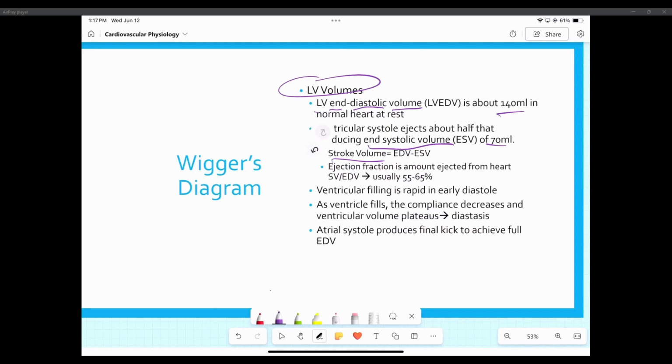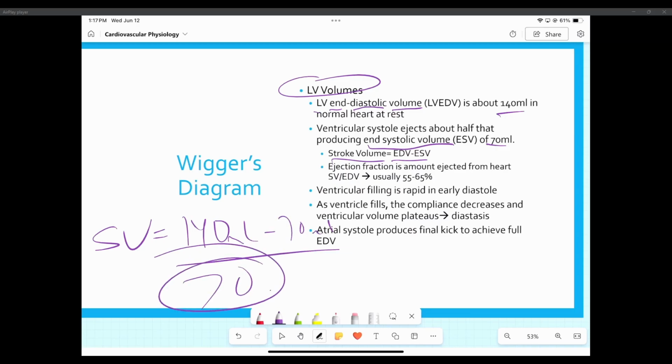A weak heart, will it be able to get all that blood out? No. So you're going to see your stroke volume go down because more blood is going to remain in the heart. It can't get out. So your end diastolic volume minus your end systolic volume, so your stroke volume is 70.